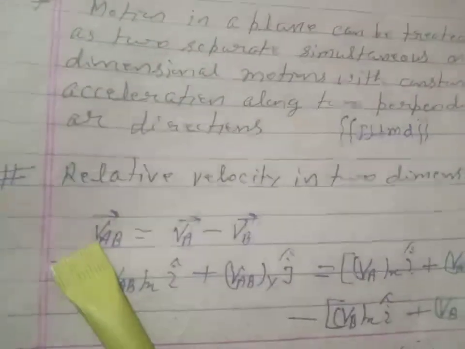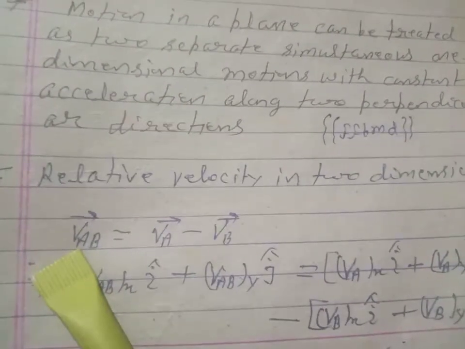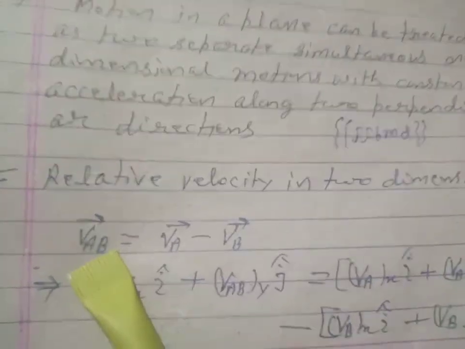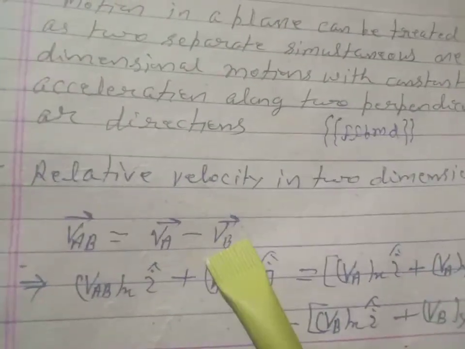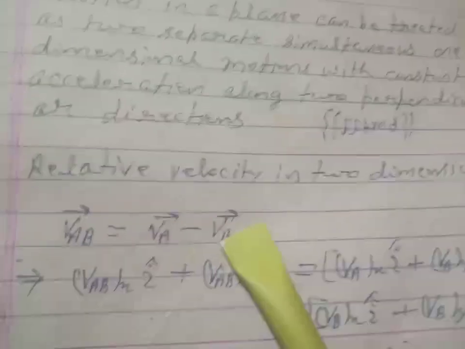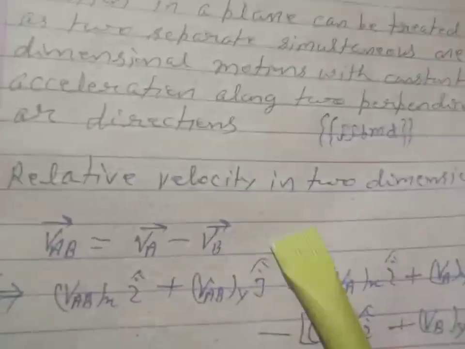Now, relative velocity in two dimensions. We have velocity VAB, that is, velocity of object A with respect to object B, equals VA vector minus VB vector, where VA and VB are the velocities with respect to ground.